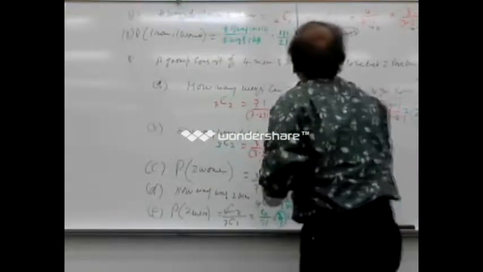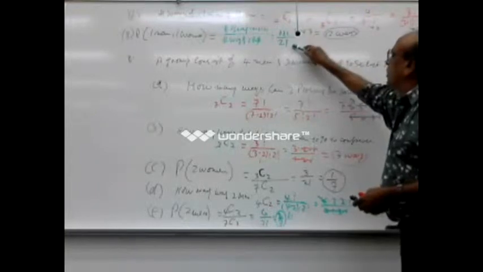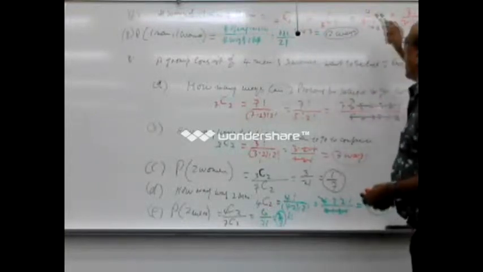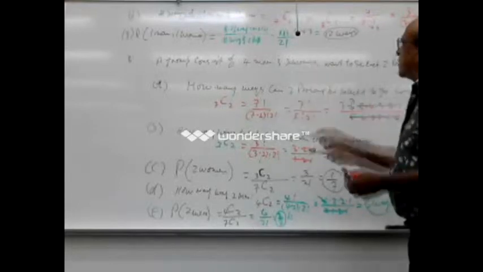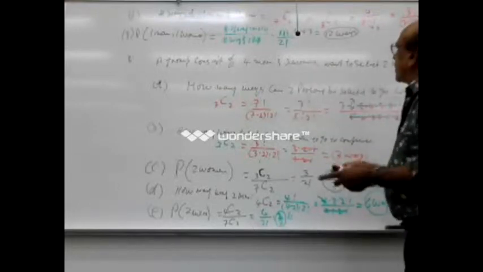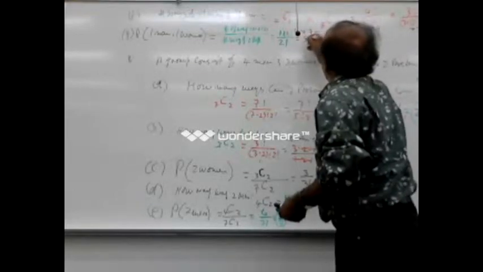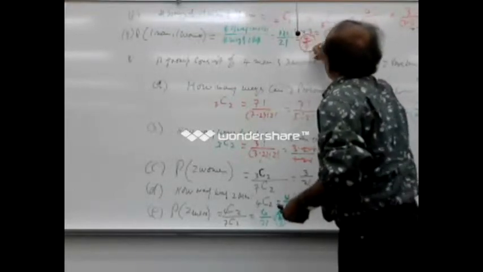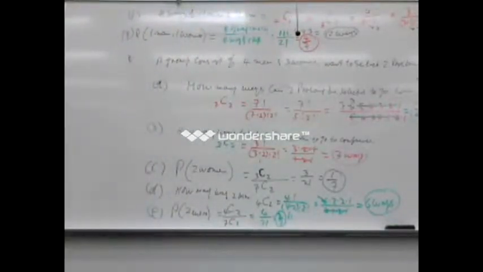All right, 12 ways of choosing 1 man and 1 woman, 21 ways we have of selecting 2 persons out of the 7 people. So if we reduce it, it's going to be 4 over 7. So the probability of selecting 1 woman and 1 man to go to this conference is 4 over 7.